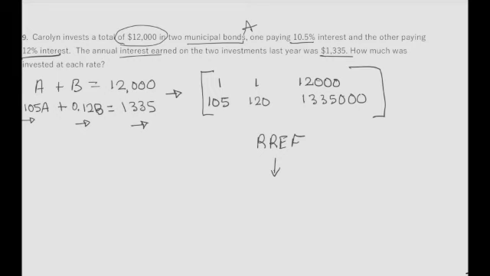Turns out that you have $5,000 in account B and $7,000 in account A. So $7,000 and $5,000. Now you check your answer and see if that's what you get.